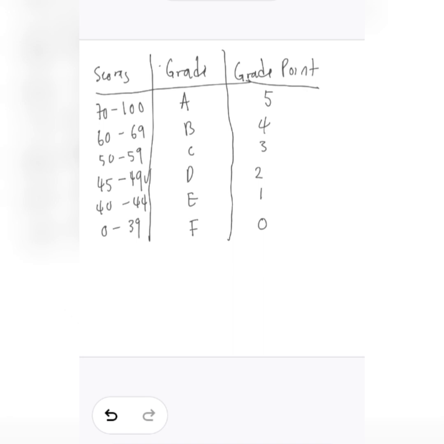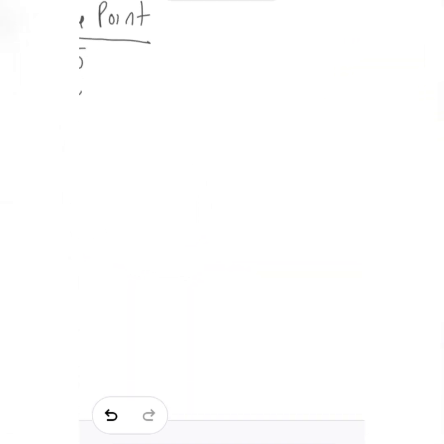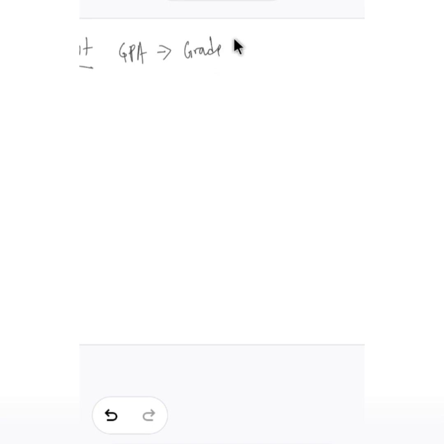So we'll go straight into your GPA calculation. How do you calculate your GPA? We said that GPA stands for grade point average.